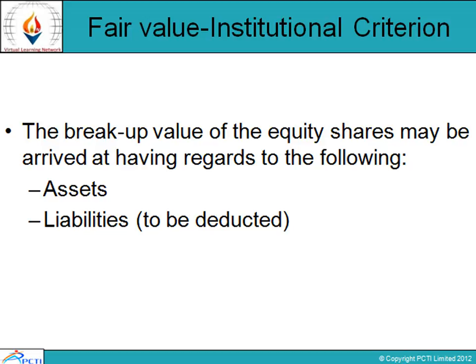Unclaimed dividend is one of the other liabilities. Another is arrears of preference dividend. And lastly, contingent liabilities, if not extinguished, and any adjustments arising from notes given in the balance sheet should be taken into account. So the net asset value is divided by the number of equity shares to arrive at the breakup value per equity share.